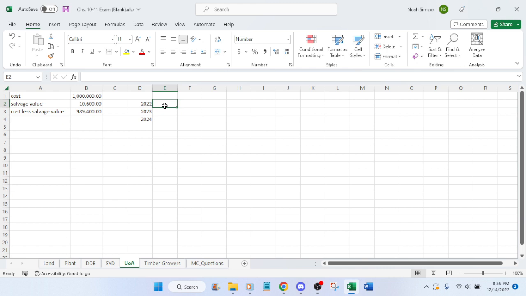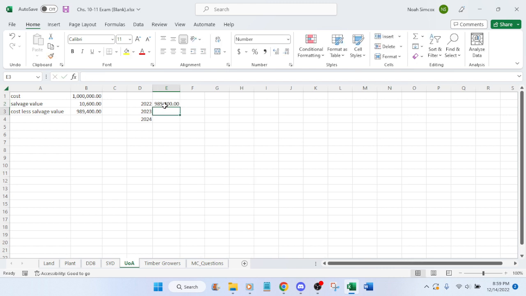So, for the activity method, you use, what is the base of depreciation? I forgot. No, you use the cost less salvage value, which equals 989,400 depreciable base.